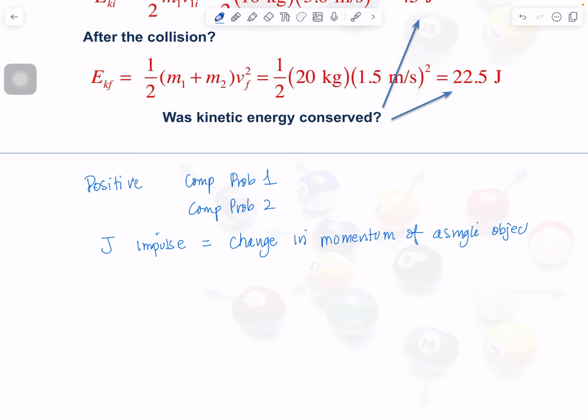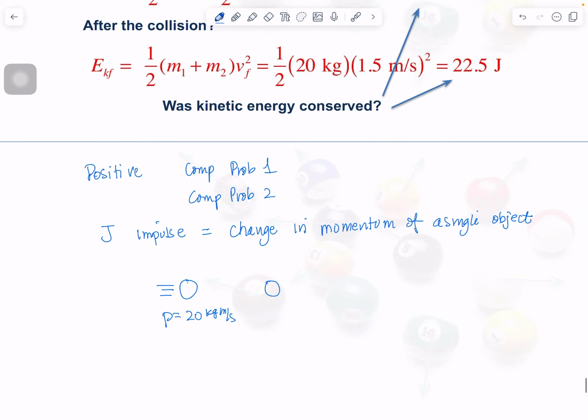So if you have 2 objects colliding, and one object loses momentum, the other object has to gain the exact same amount of momentum. So I'm just going to make up some numbers. Suppose we have a ball moving along, and it has a momentum of 20 kilogram meters per second, and then it collides with a stationary ball.